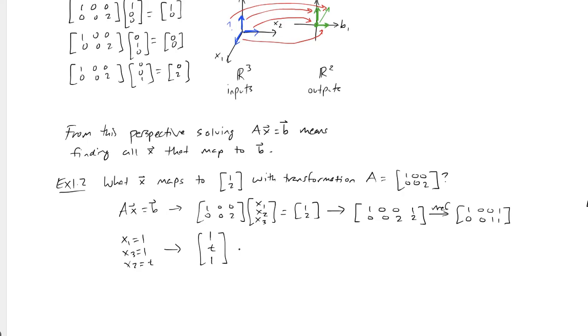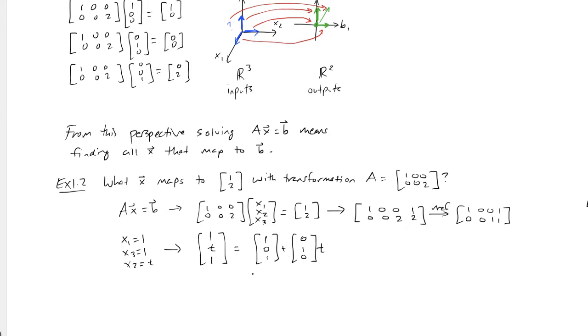And if we wrote this in parametric vector form, we get (1, t, 1). That's our x vector, which we can factor to be (1, 0, 1) plus (0, 1, 0) times t. So the claim is that if I put a vector like this vector, and this is a whole line of vectors, then I'll output (1, 2). That's the claim.